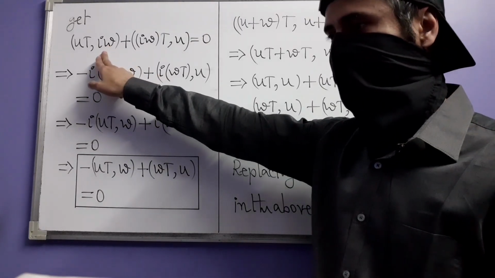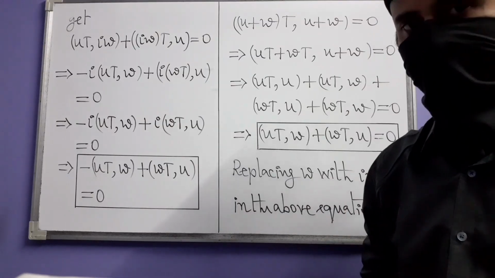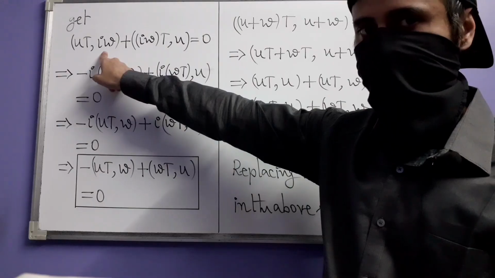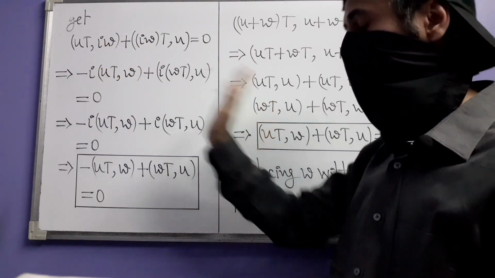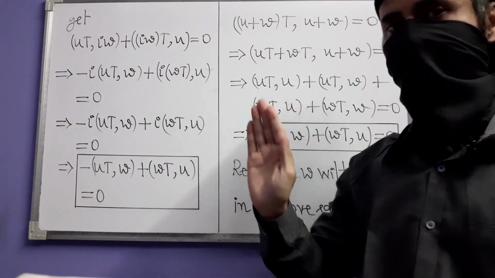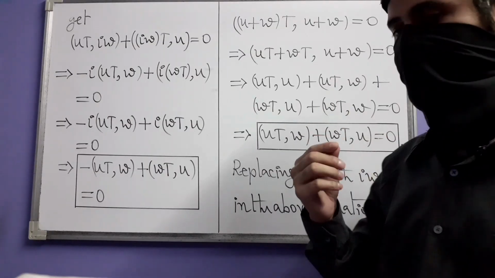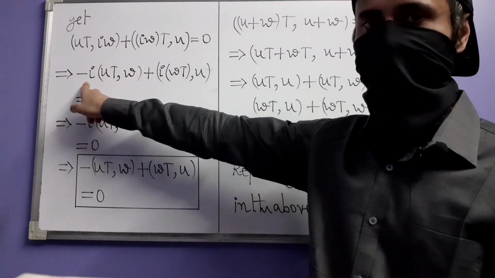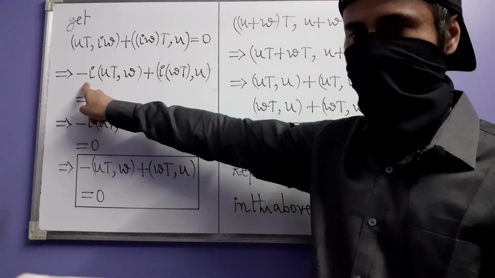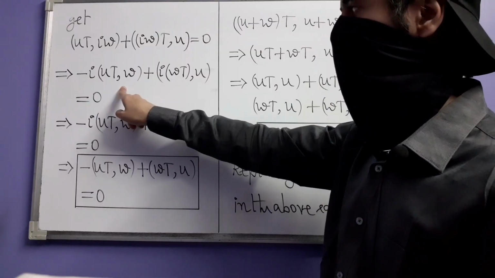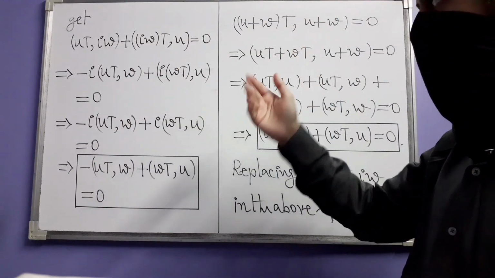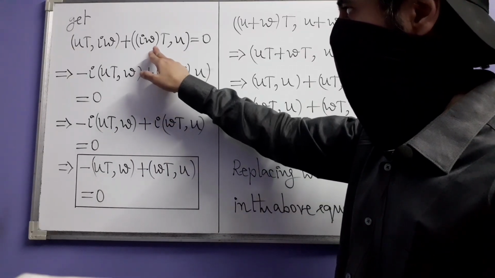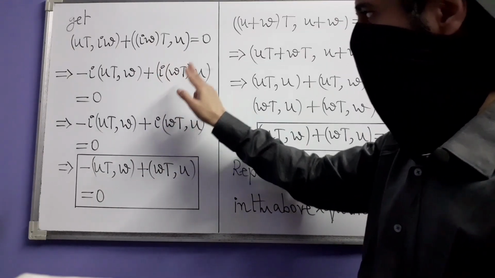Now due to linearity, or rather I should say conjugate linearity, if you have a scalar in the second component of the inner product, you can take it outside, but it does not come out as it is. Actually its complex conjugate comes out. That is why you have minus i here, because the complex conjugate of i is minus i, times (uT, w). And here we have to write one more step before we can take anything outside. So you have here i times the T image of w.